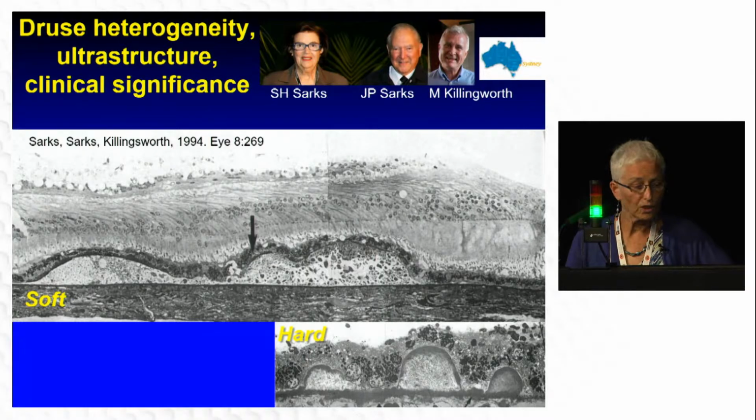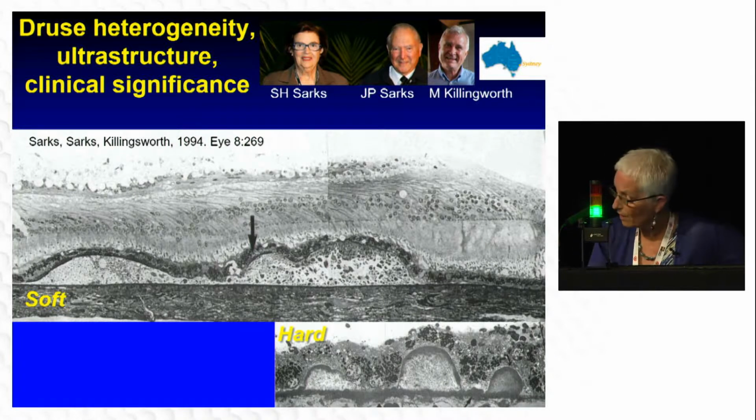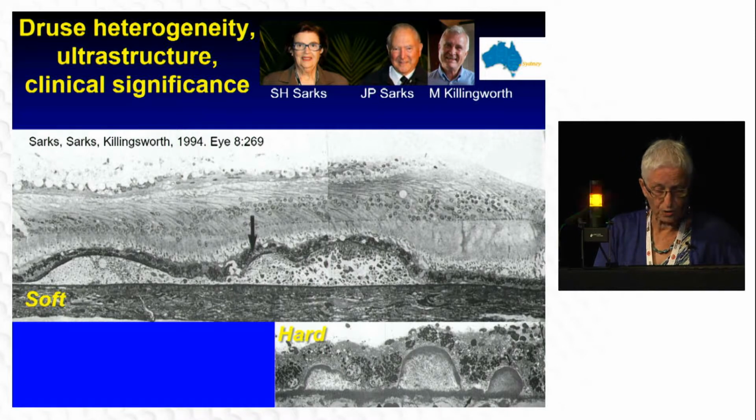The fundamental work on drusen heterogeneity, ultrastructure, and clinical significance was done by Shirley and John Sarks, who are two ophthalmologists active in Australia, and their electron microscopist, Murray Killingsworth. And you can see the soft drusen there and the hard drusen.